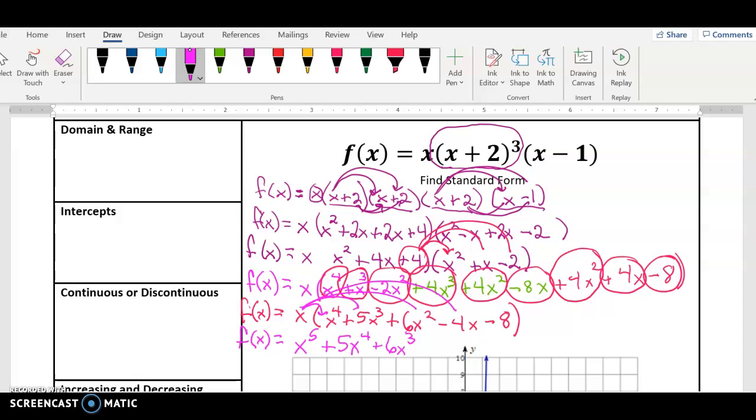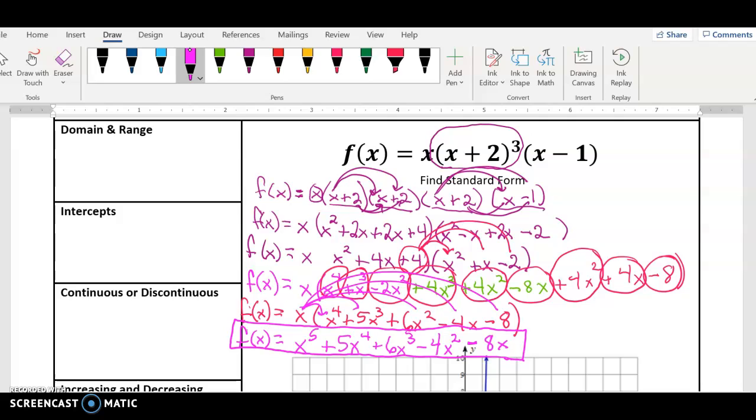X times -4x is -4x squared. And x times a -8 is -8x. And there we have our polynomial all FOILed out. This is in standard form. That is our polynomial in standard form.